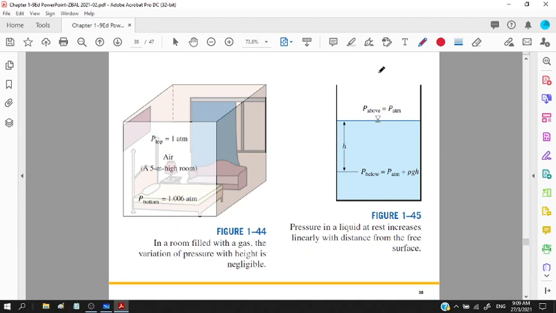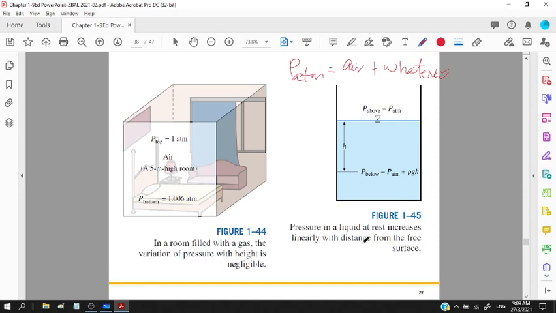For example, we have one container. So this is our pressure because of the air plus whatever we have on top of the level. So this is referred to as the P atmospheric.